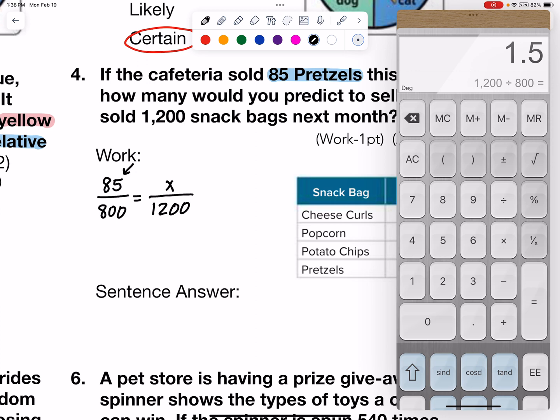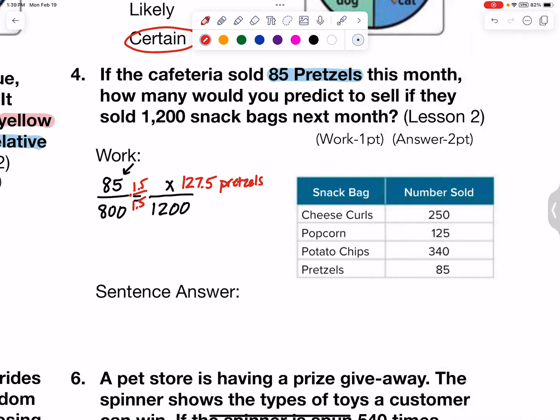And you can see the multiplier is 1.5. So I'm going to multiply by 1.5 over 1.5, and 1.5 times 85 gets us 127.5 pretzels. Okay. You obviously can't have half of a pretzel, so we would go ahead and round to 128 pretzels.